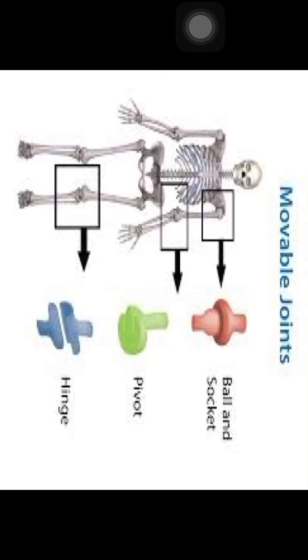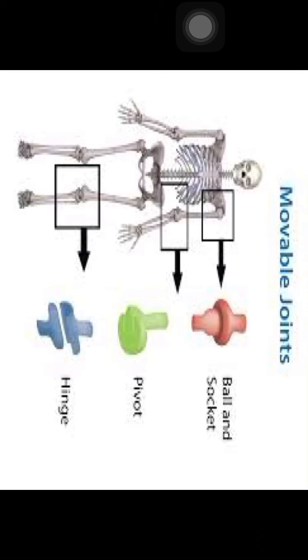I explained these 4 types: hinge joint, ball and socket joint, pivot joint and the gliding joint. So these are the basic types of movable joints or synovial joints, and these joints can move very freely due to the presence of synovial fluid.